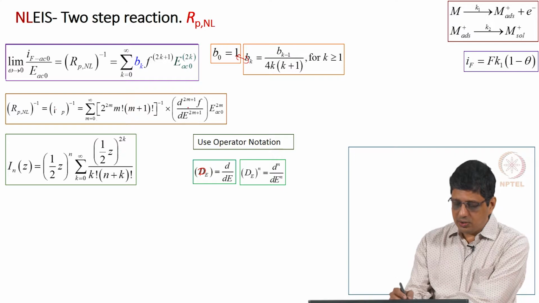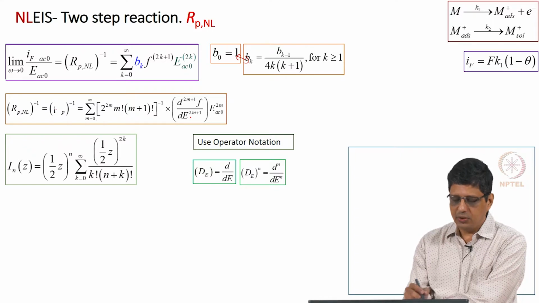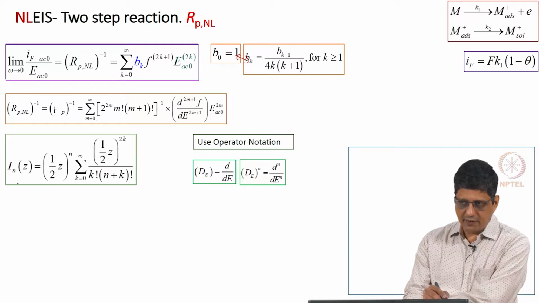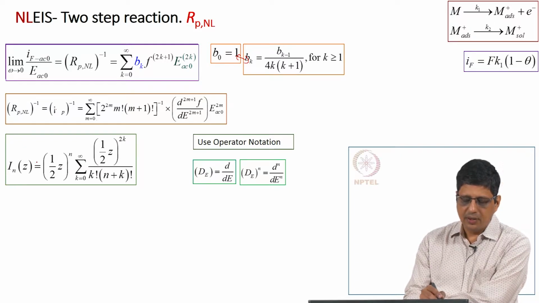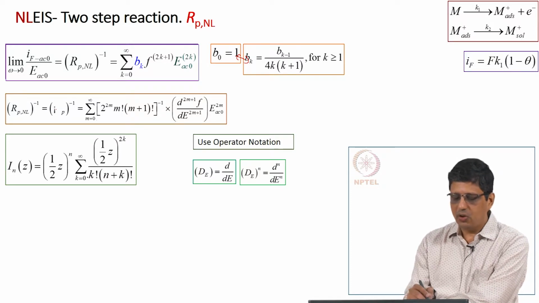So, I want to use this operator notation and substitute here. Second, I want you to recognize or remember this. The modified Bessel function of nth order is written like this: 1 by 2 z whole power n multiplied by this summation, and this of course depends on k value and n value, k going from 0 to infinity.